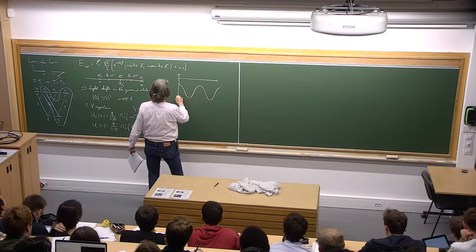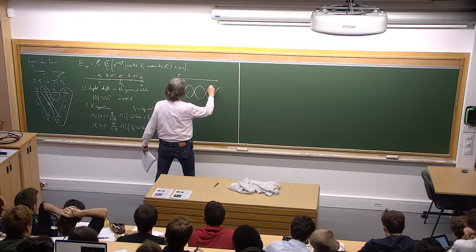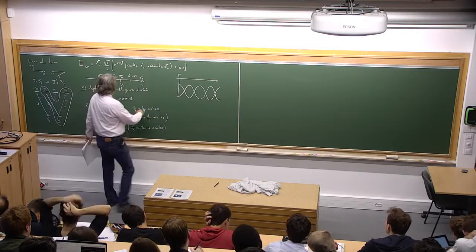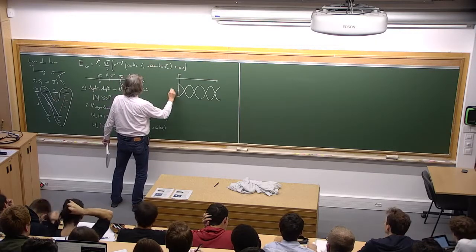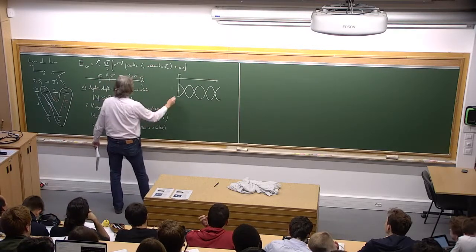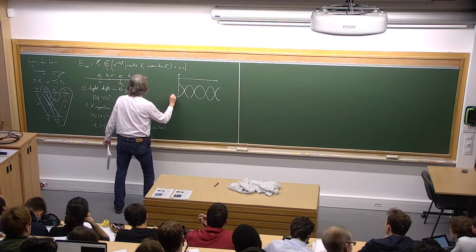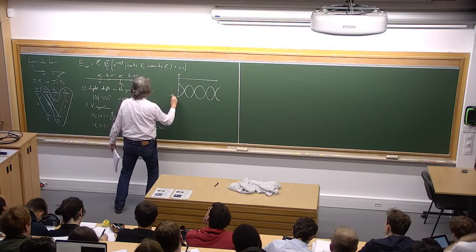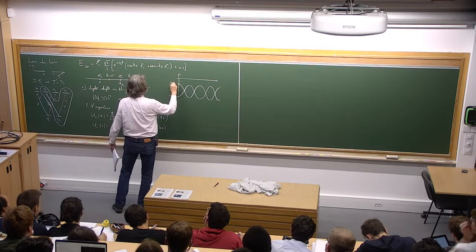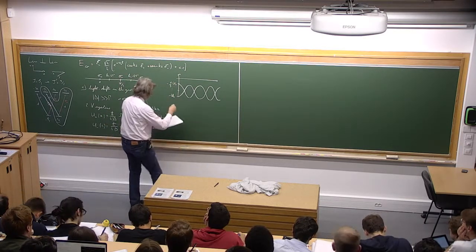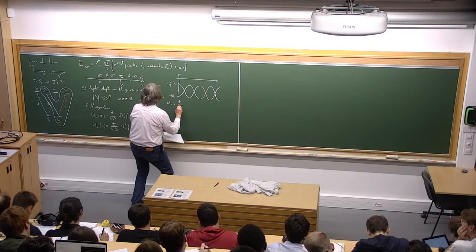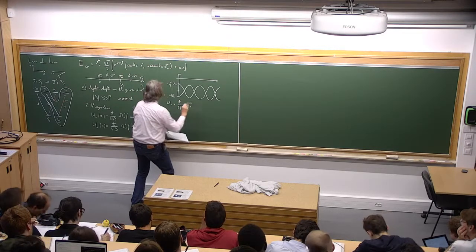So more or less, cosine is 1, so this is minus u naught, and here it is 1/3 of u naught, u naught being just h bar divided by 2 delta omega 1 squared.